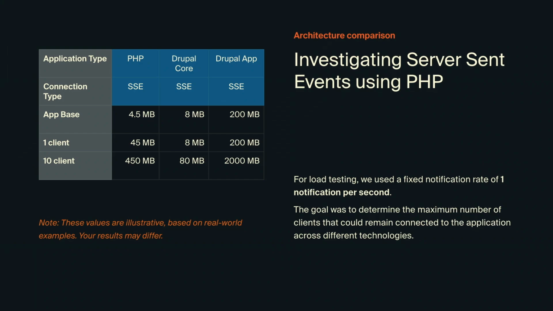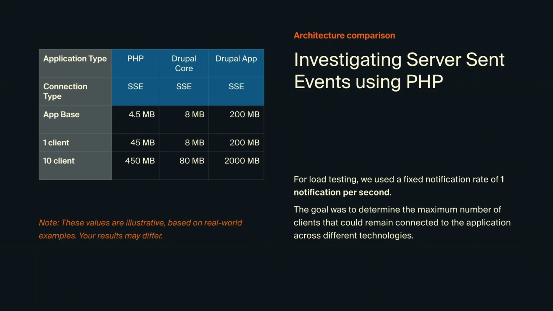If you just use pure PHP, not Drupal, to send server-sent events, I noticed, in theoretical calculations, that it takes around 4 to 5 MB of memory for a single connection. And Drupal core, even though it says it needs 64 MB minimum, works well with 8 MB of resources for a single connection.